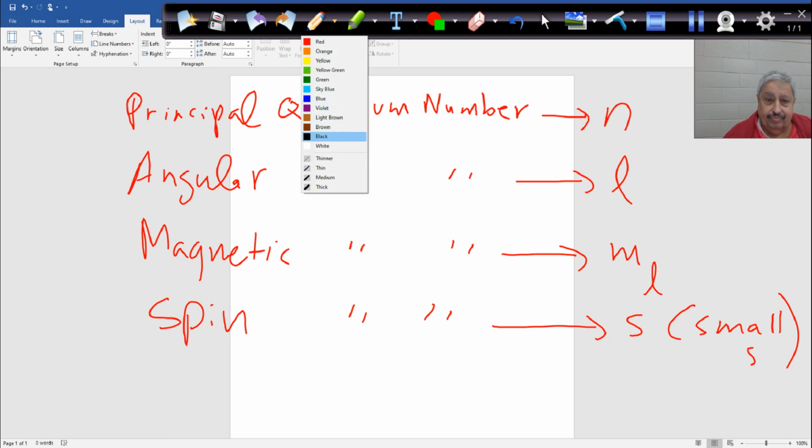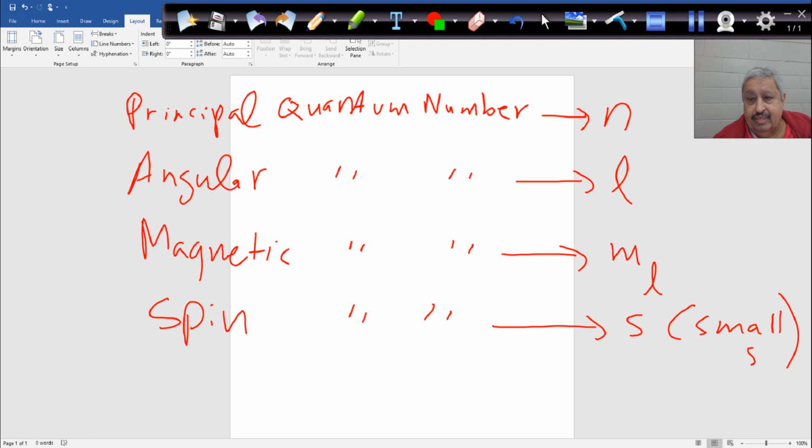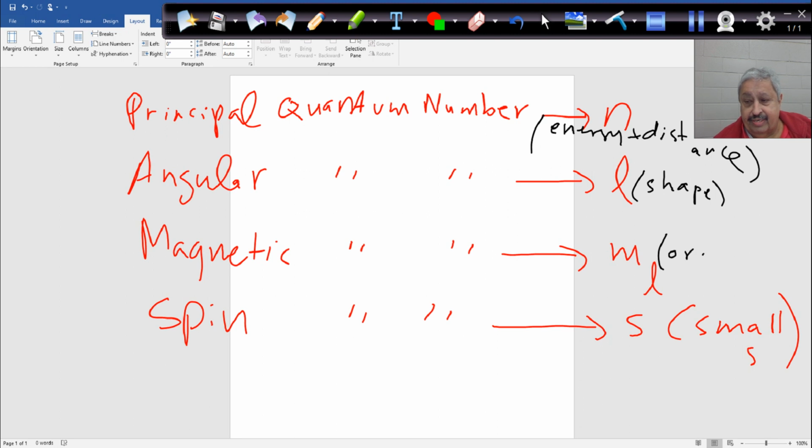Here it is. This is energy here, plus distance. This is shape. This is orientation.